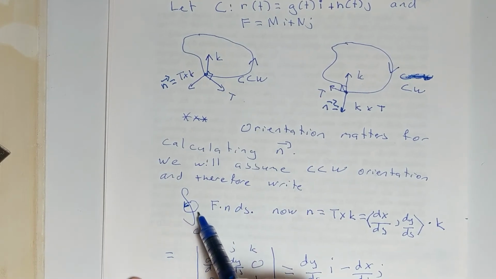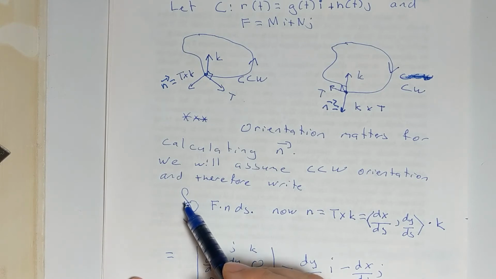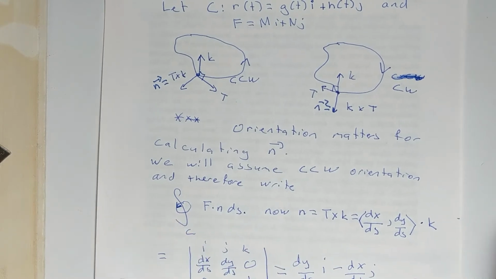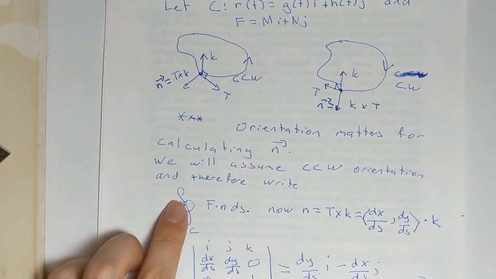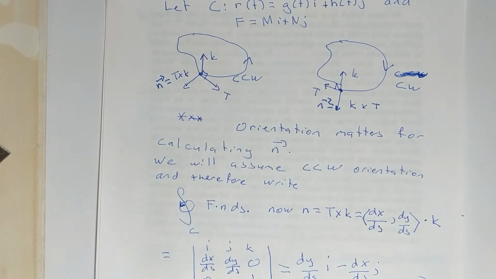Because it's a closed curve, we put a circle around the integral sign. Because we're going counterclockwise, just to show that, we put an arrow like this. If it was clockwise, we'd put an arrow the other way. In every single application in your calculus books, the curves are always oriented counterclockwise. So if I forget to draw the arrow, you can assume it's counterclockwise.